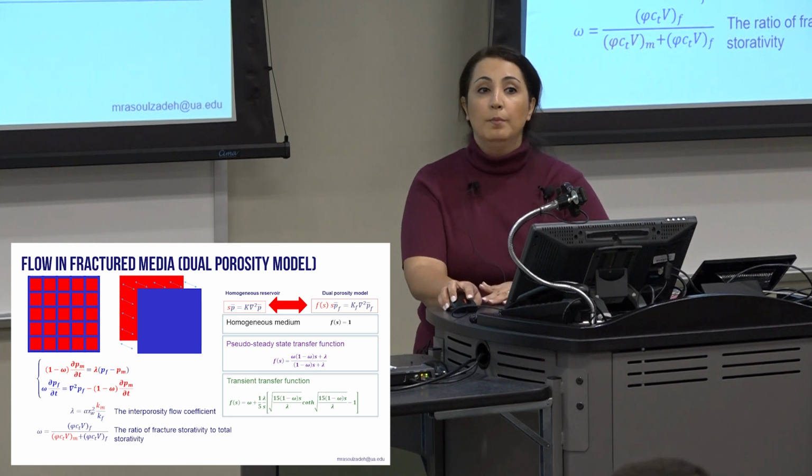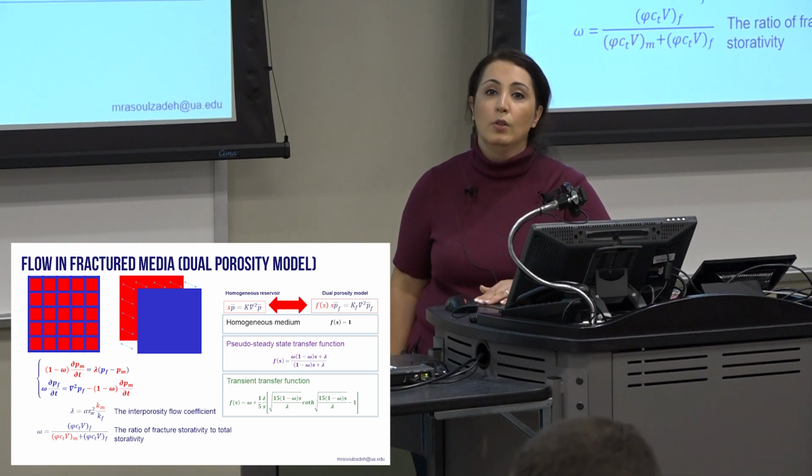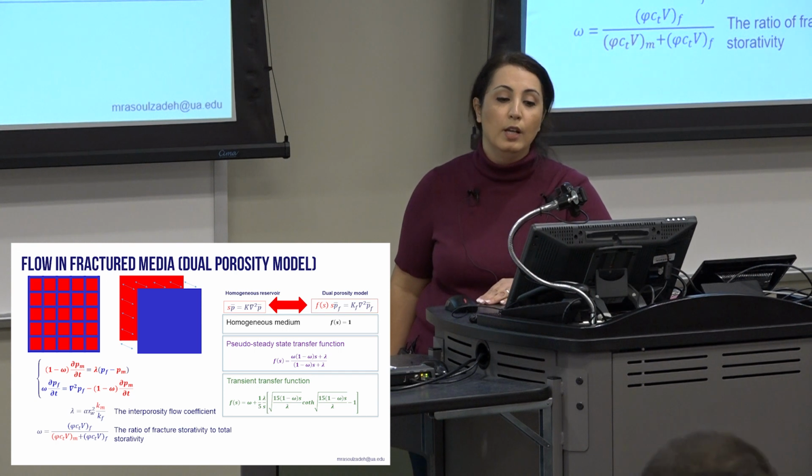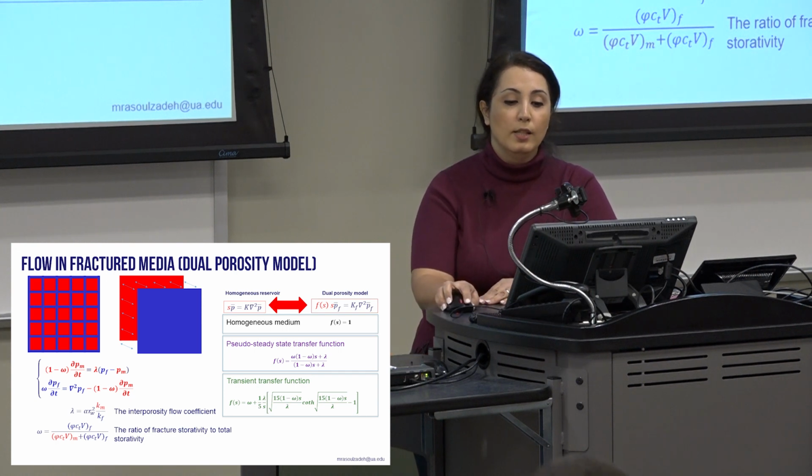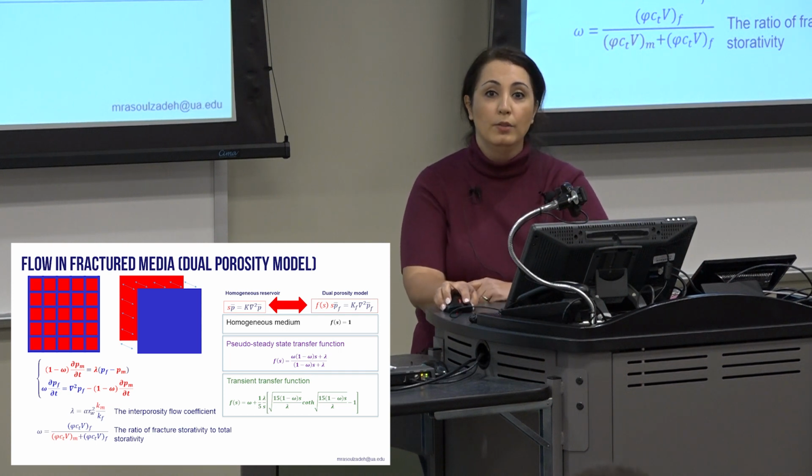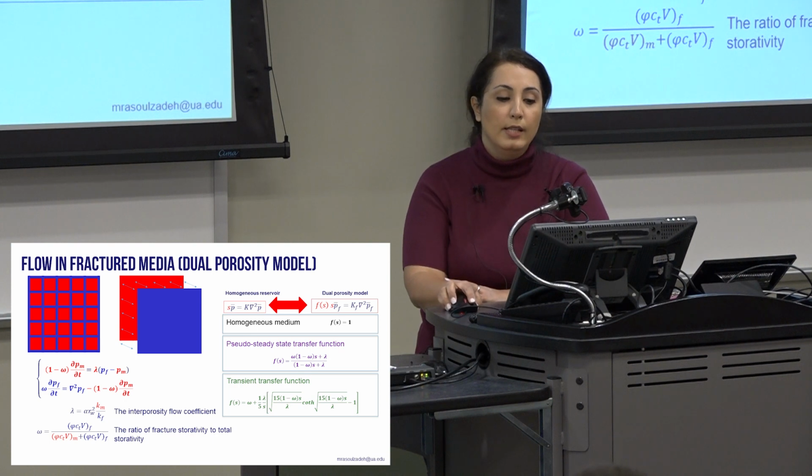And not only in ModFlow, in oil and gas also, this is a very popular model. Because in Laplace domain, if you look into the homogeneous reservoir and what you get through the Warren and Root or dual porosity model, it's just replacing the s in the equation with f(s) times s.